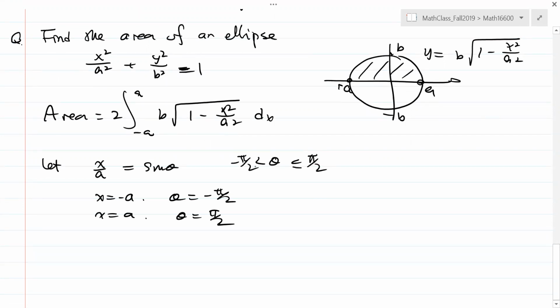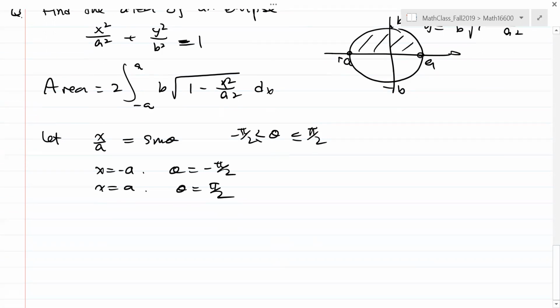So as theta changes, the x value changes. Using this substitution, x is going to be a sine theta, so dx is going to be a cosine theta d theta.